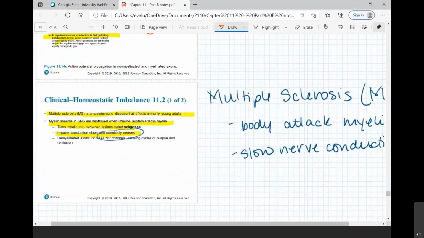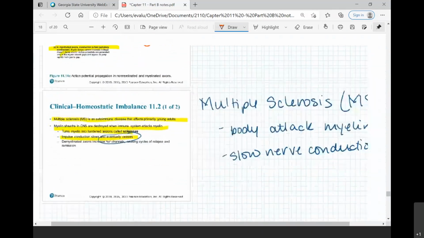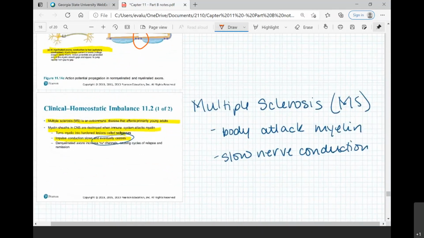How this actually rings true is in the diagnosis of multiple sclerosis, MS. Multiple sclerosis is autoimmune, and what's happening is that the body is attacking the myelin itself. If the body is attacking the myelin, you do not have myelin around your axons.